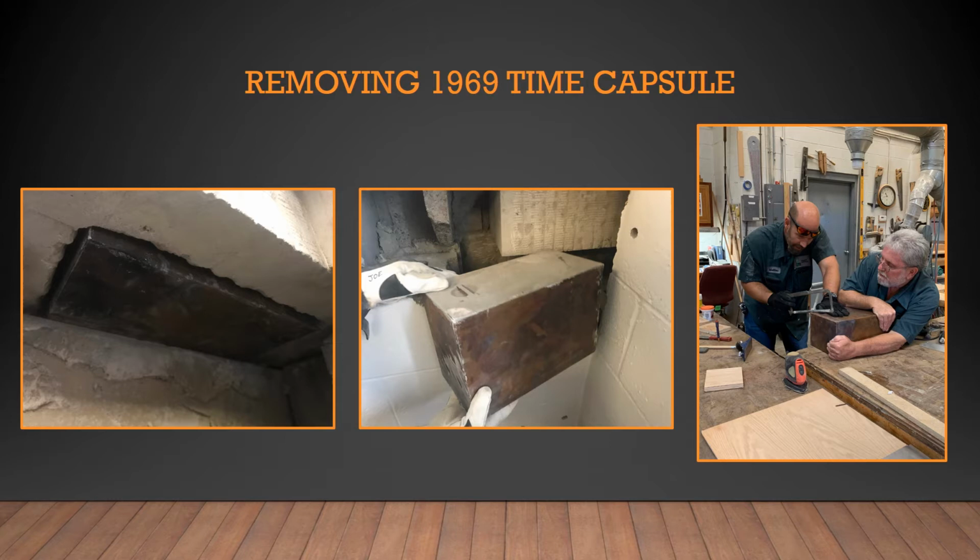However, it was even harder to get it open. In the first photo, they got it out. It took a little bit of muscle, but they got it. The second photograph, the one in the middle, is once they got it removed from the wall. And the third photograph depicts our county services staff trying to get it open without harming or damaging any of the contents. They were using a hand saw, but they ended up having to use an electric saw to get it open.